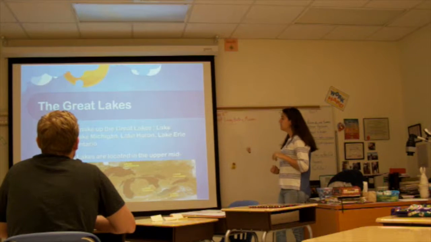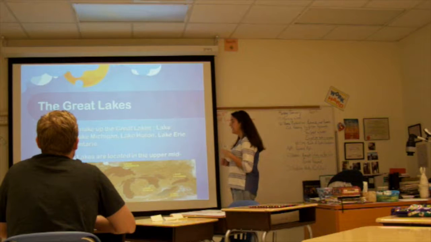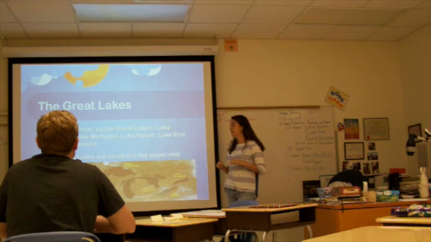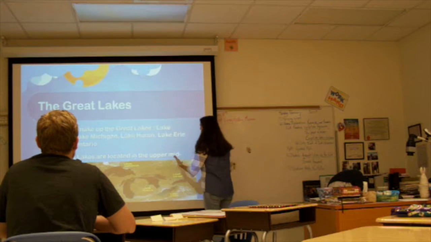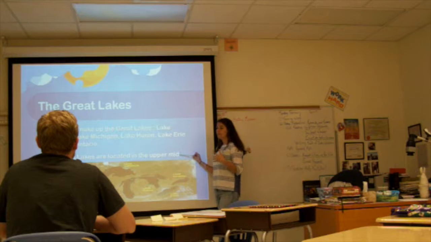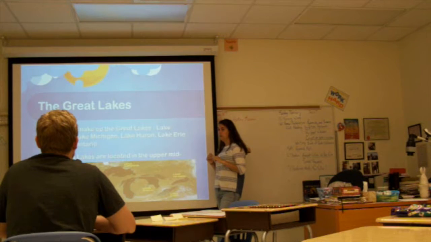The Great Lakes are five lakes named Lake Superior, Lake Michigan, Lake Huron, Lake Erie, and Lake Ontario. The Great Lakes are located in the upper Midwest region. Now that we know that, what states do we think are up there that this might be relatively close to or in?